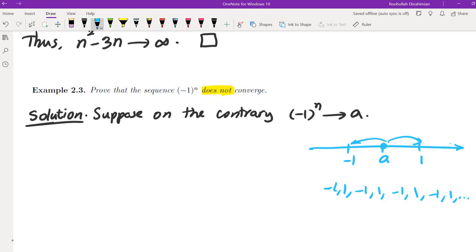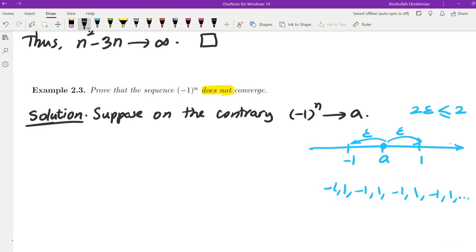So what you want to do is take your epsilon in a way that when you take epsilon and epsilon, it is less than 2. So you want 2 epsilon to be less than 2. Then you would end up getting a contradiction. So in other words, you want to take epsilon to be less than or even equal to 1 would be fine.